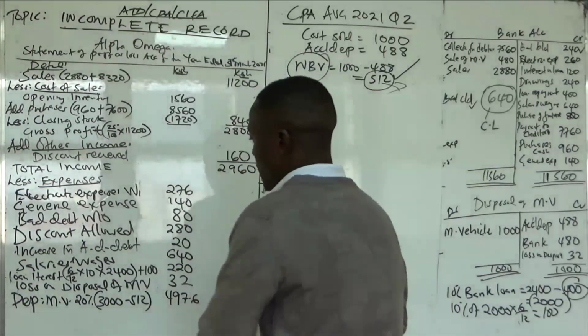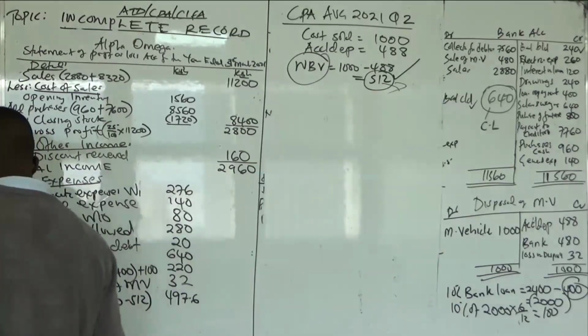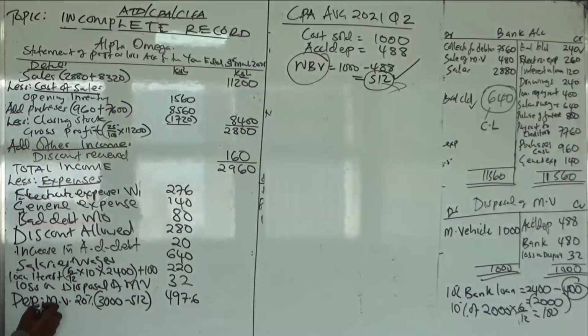So another depreciation is furniture and fittings. What was the cost of furniture and fittings? They said there that furniture is depreciated on note number 10.